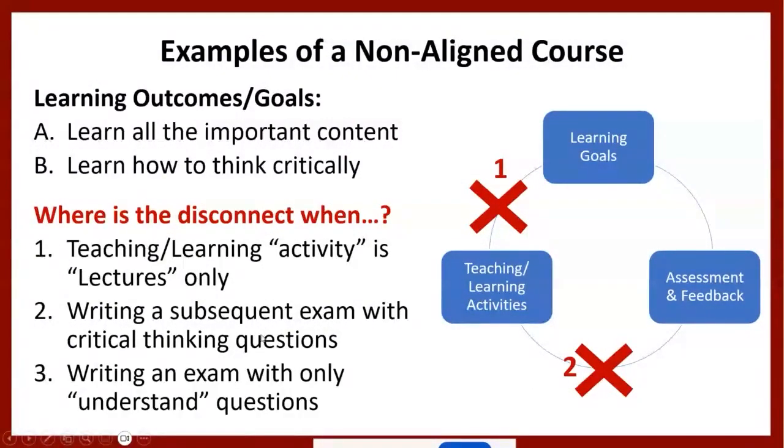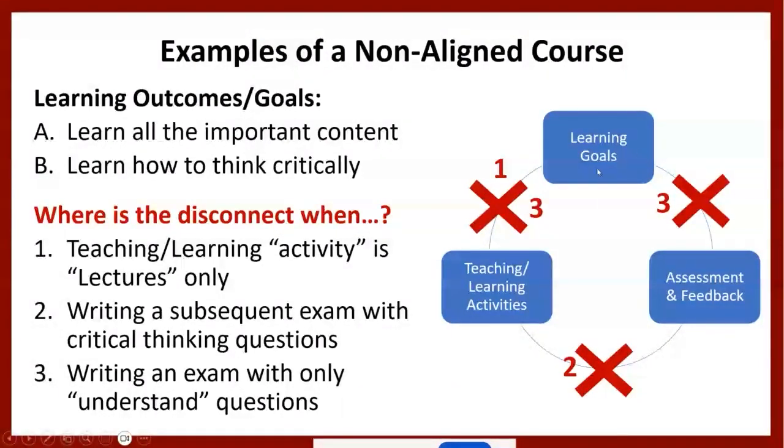So let's look at the third one, writing an exam with just understanding questions, just basic knowledge questions. Which of these lines, these connections, is disconnected from the other? Yeah, learning and assessment. Good. Is there another one? Learning, assessment, feedback. Yep, you see another one there.